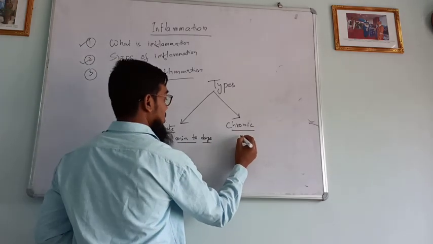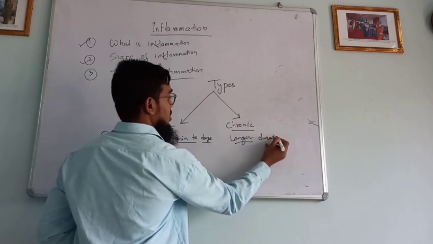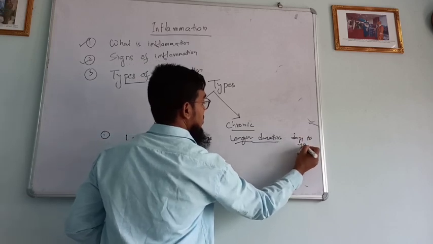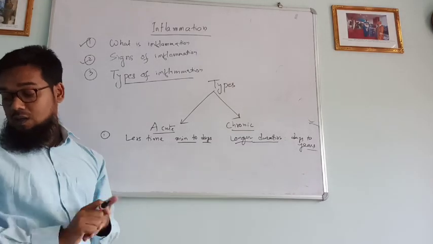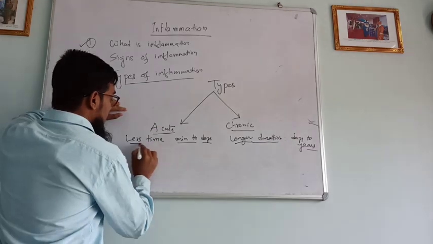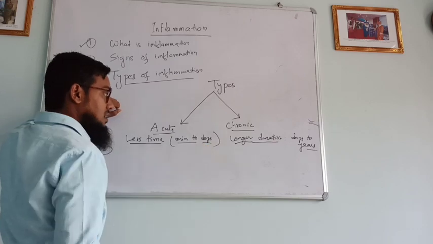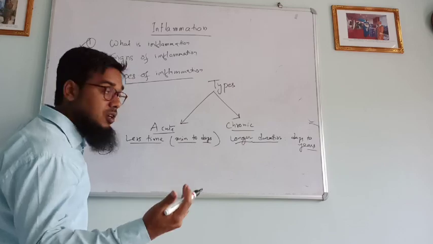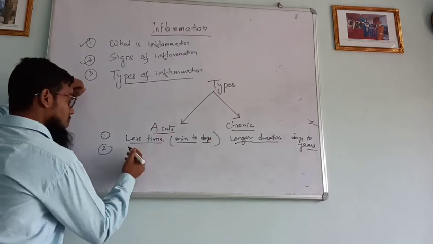Chronic inflammation has a longer duration, days to years. So acute inflammation has a shorter duration, generally minutes to days, and chronic inflammation has a longer duration, days to years; a long-lasting inflammation.